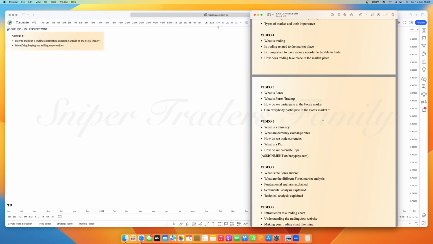Now, I'm not saying it should be paid, or that you need to definitely have a TradingView account, but the data on TradingView is going to show you what has happened in the past, and then you can use those findings to predict what is going to happen in the future. So in order for you to be a good technical analyst, I'm going to say it again, you need to have a TradingView account. I know some people can trade directly from their MetaTrader, right? But I think TradingView is the best for me.